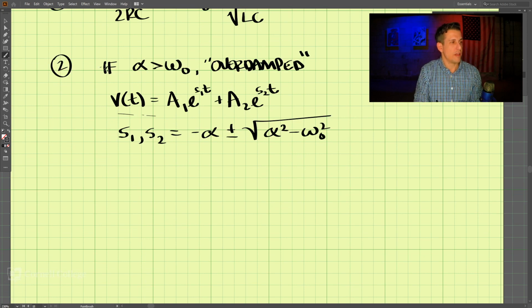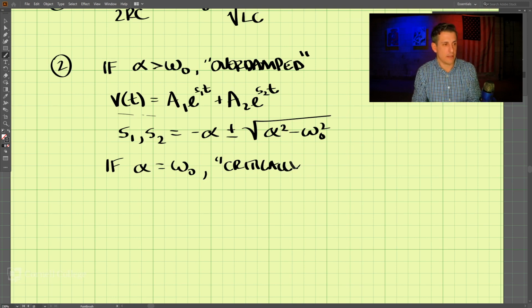Okay, so it's overdamped. If alpha is equal to omega naught, it is critically damped.